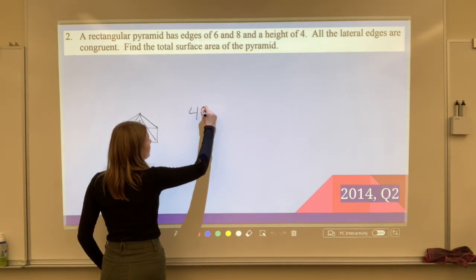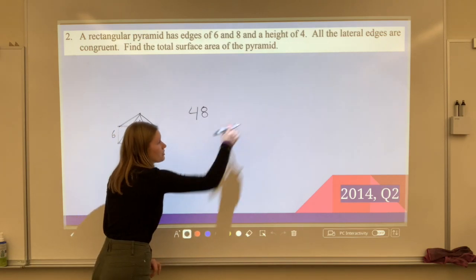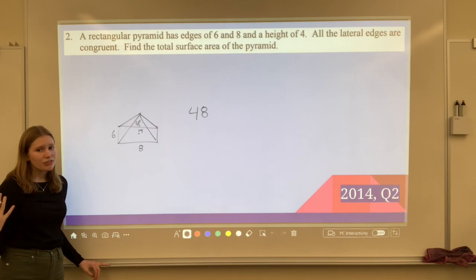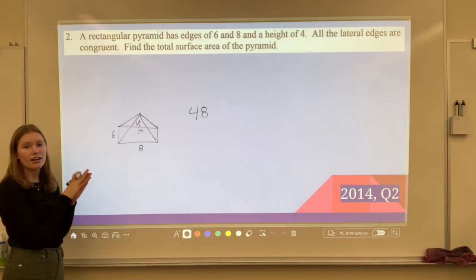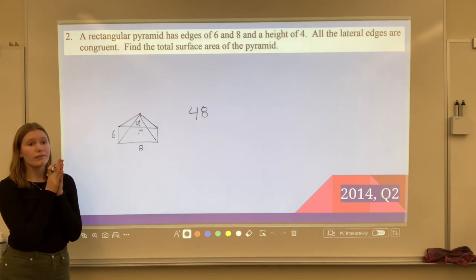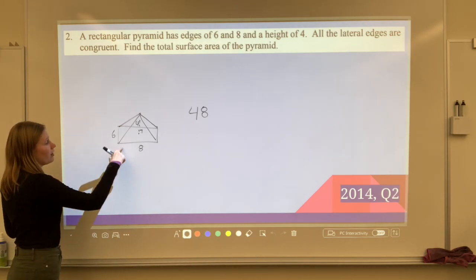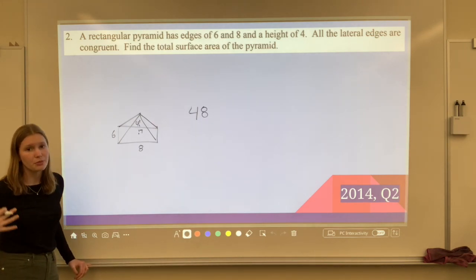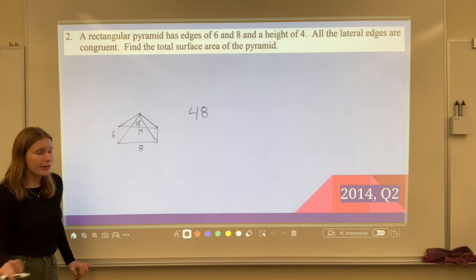So I'm going to write that over here, and as we add values, I'll just add them over here. Okay, so now we have to find the area of the triangular faces. We only have the base, and we need to find the height so we can multiply and get the area, right?